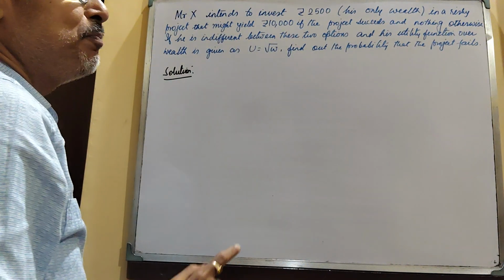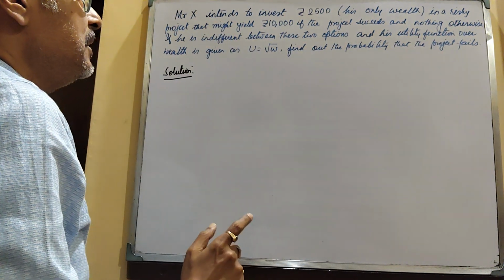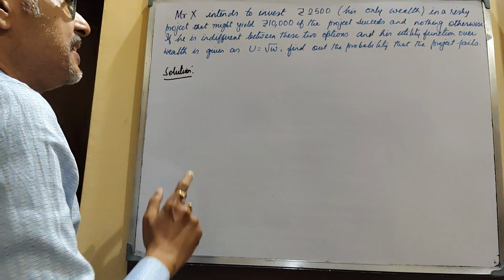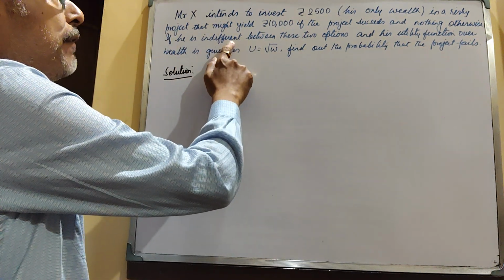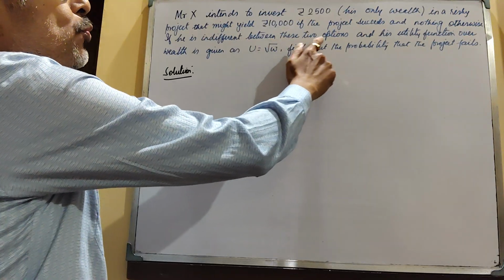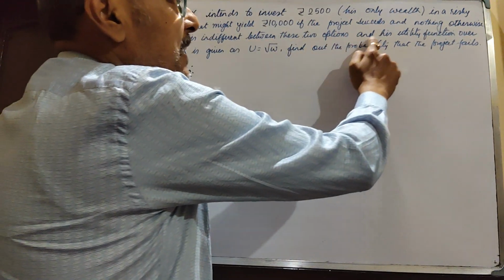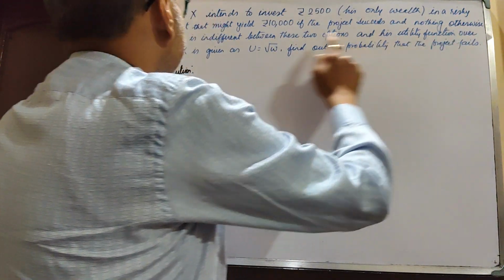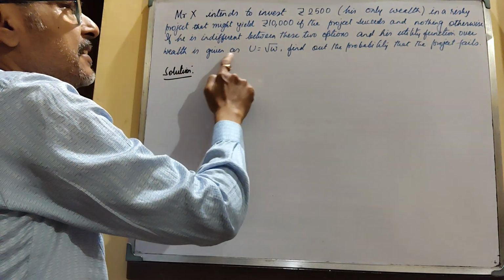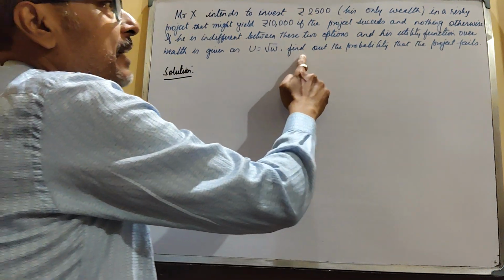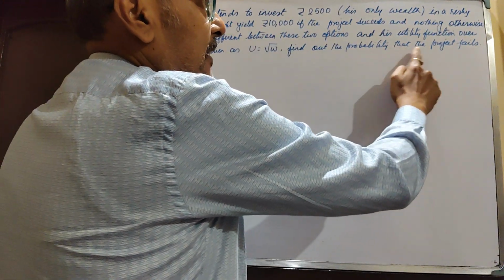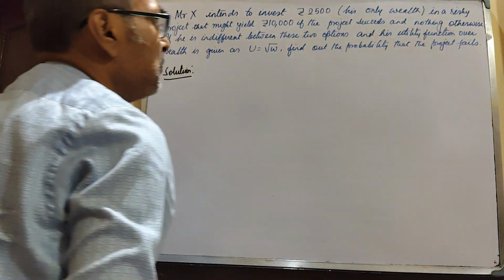That means when the project fails, the yield to Mr. X is 0. If he is indifferent between these two options and his utility function over wealth is given as u equals under root w, find out the probability that the project fails.